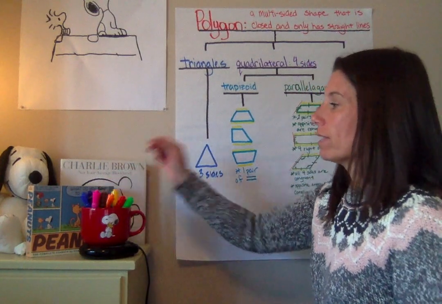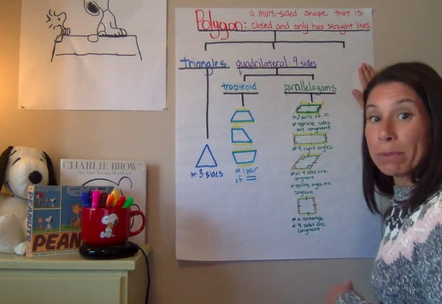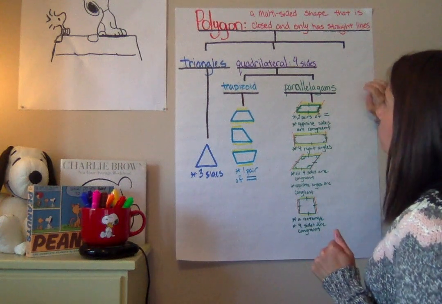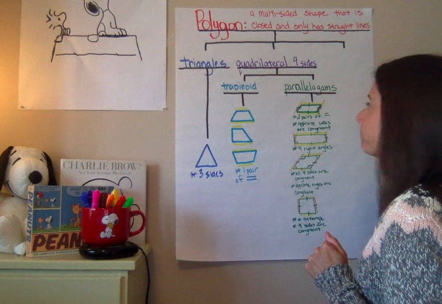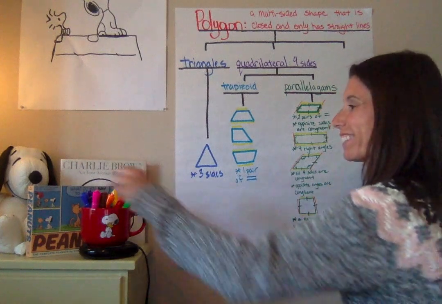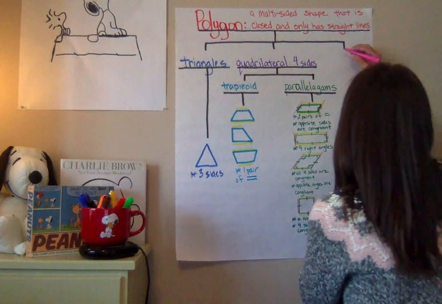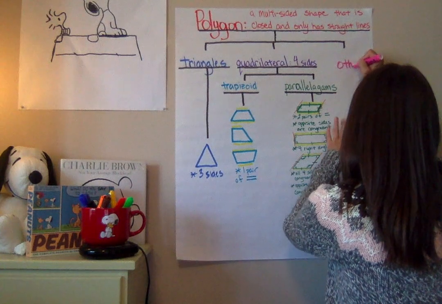All right, so our last classification over here is going to be other, the other shapes. I'm going to do the other shapes in, let's go pink. Okay, so here we're going to say others.